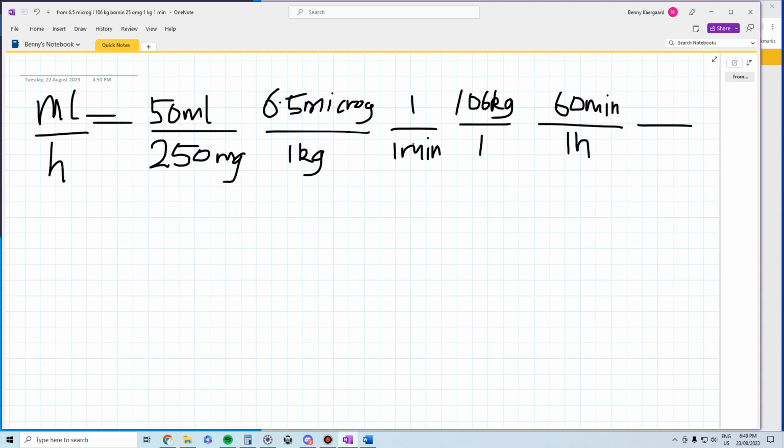Start with cancelling out stuff, so everything except for milliliters and hours can be cancelled out. So we've got minutes here, kilos here. This is how we know. So we can't write this. I'll show you.